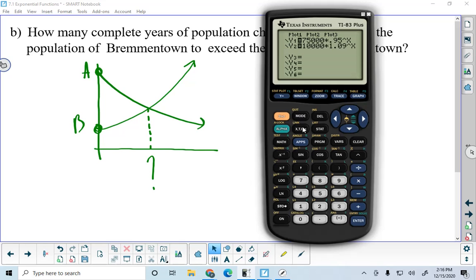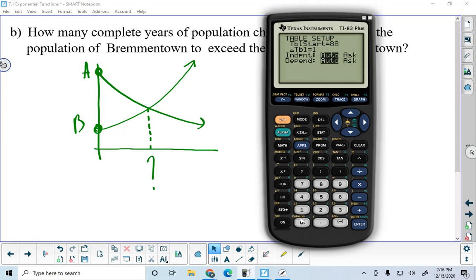I'm going to set up my window settings using my tables, okay? The first thing you need to recognize is that if I were to go to my table and start at 0 and go up by 1, I can see that the population at the beginning of Allentown is 75K and Brementown is 10,000.